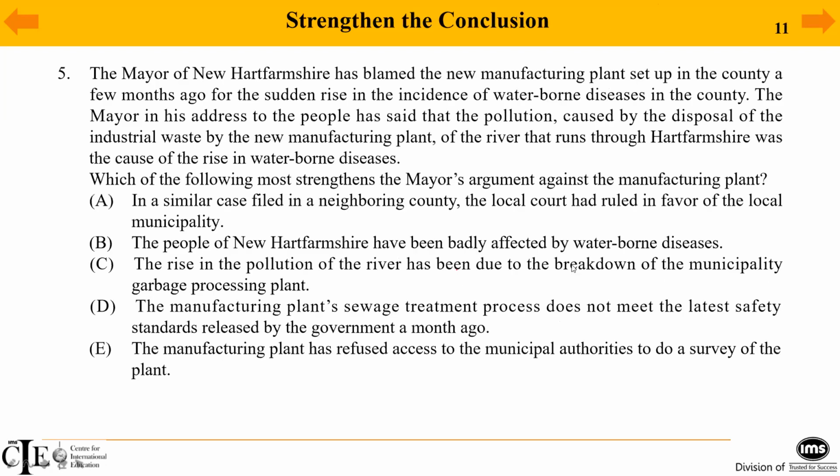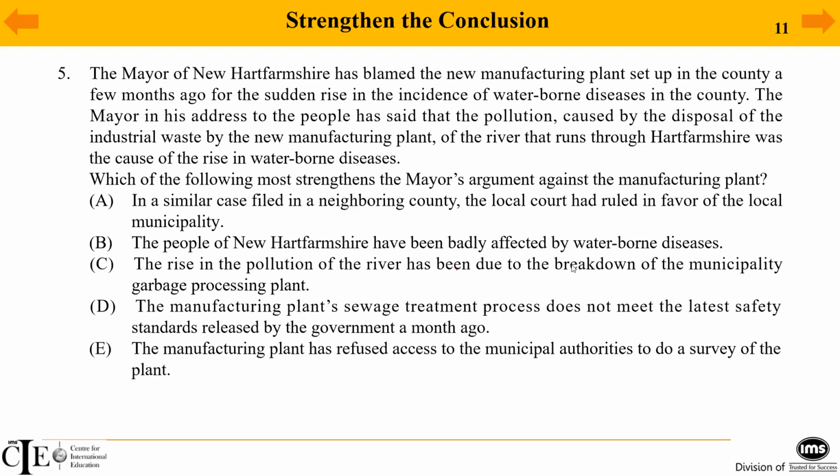Question number 5. The mayor of New Hertfordshire has blamed the new manufacturing plant set up in the country a few months ago for the sudden rise in the incidence of waterborne diseases in the country.